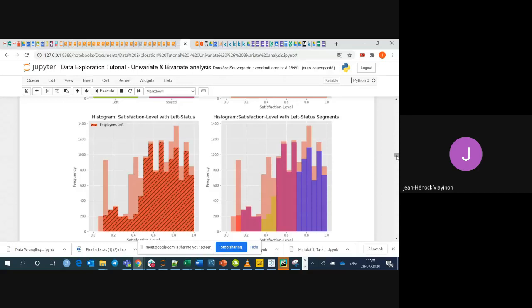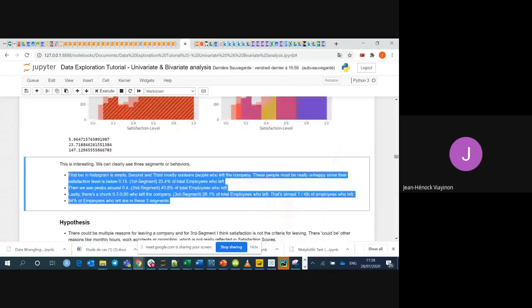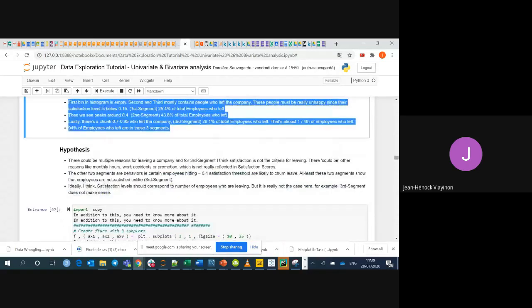How difficult is it to work in an information technology department compared to an HR department, for example? Maybe those working in HR are more likely to stay in the company than those working in IT, because there is a lot of work. I'm just guessing: you look at your bivariate analysis and then you are able to set up some hypotheses.